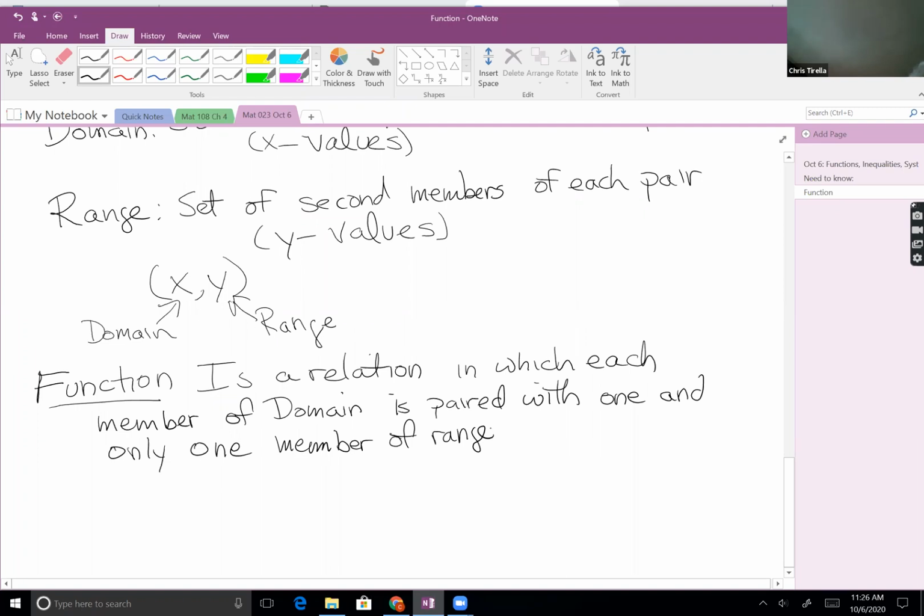So each first member is paired with exactly one second member.